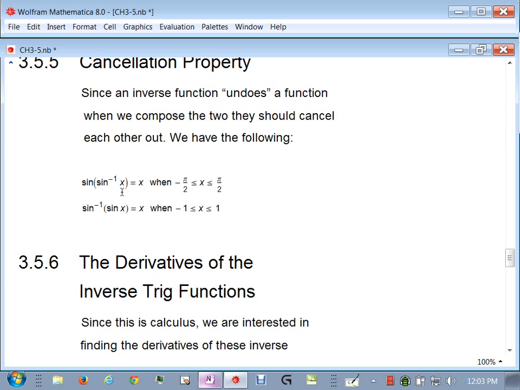So the inverse sine is going to take a number between -1 and 1 and spit back an angle. And then when you take sine of that, it's going to spit back the number that you originally plugged in. But the big point of this note is just that if you put these two together, they wipe each other out as long as your domain is restricted properly.